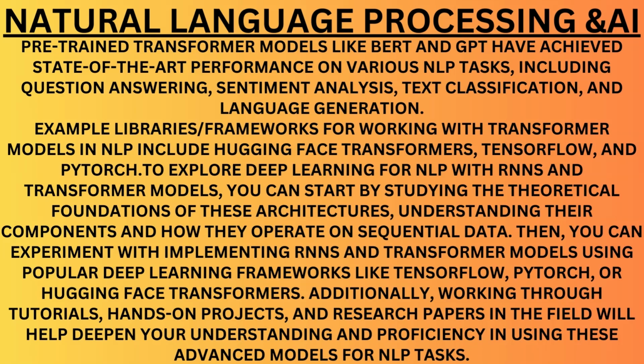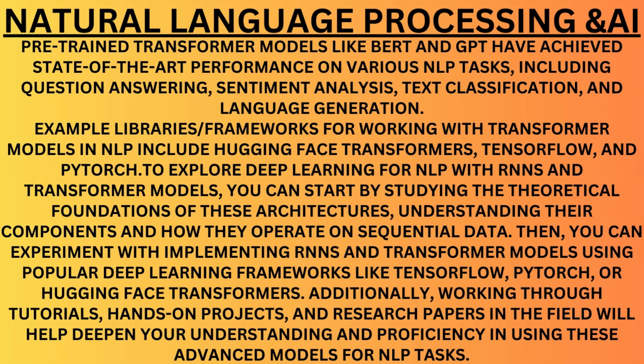To explore deep learning for NLP with RNNs and transformer models, you can start by studying the theoretical foundations of these architectures, understanding their components and how they operate on sequential data.